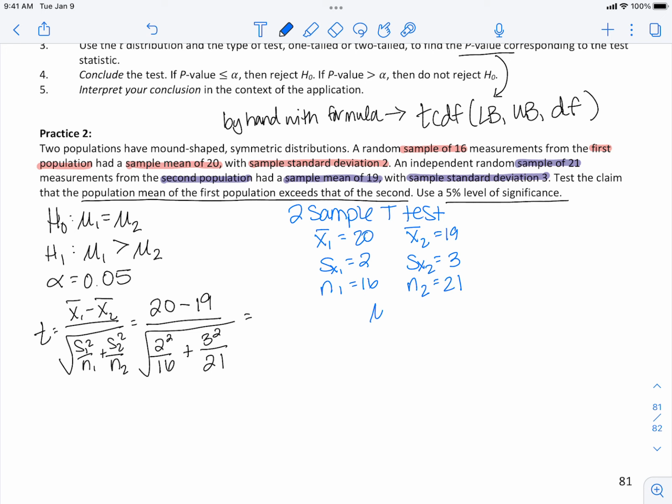Then we have mu1 greater than mu2. For pooled, you always choose no.